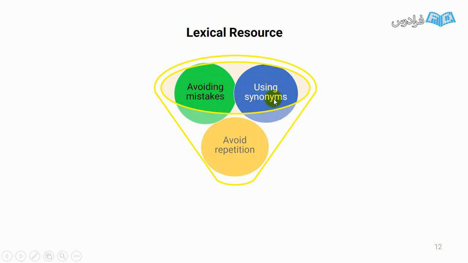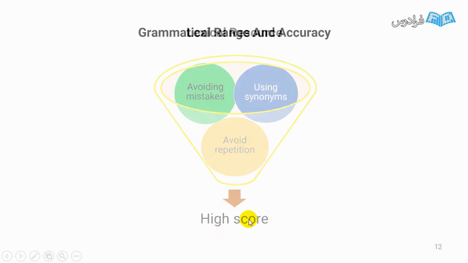Using synonyms. This is the simplest way, but the most useful one. And avoid repetition. Try to use different forms of words. It makes it easier for you to have a larger range of vocabulary. Then you will get a higher score.